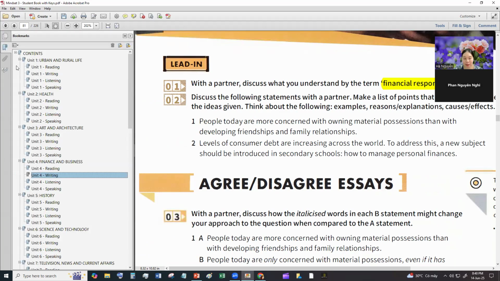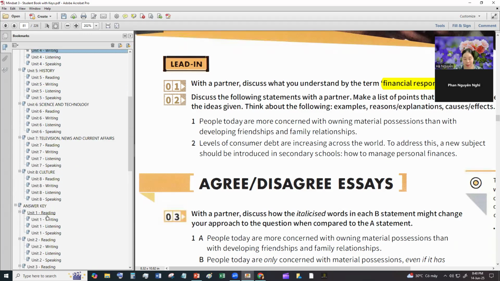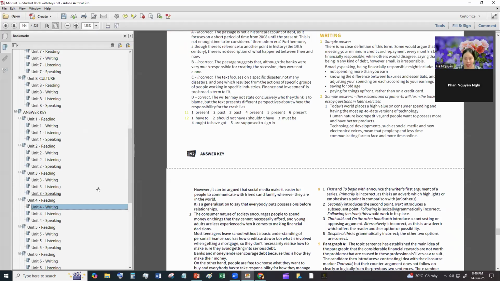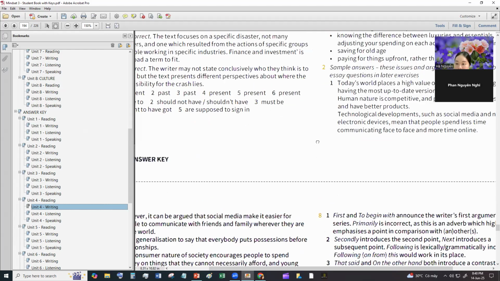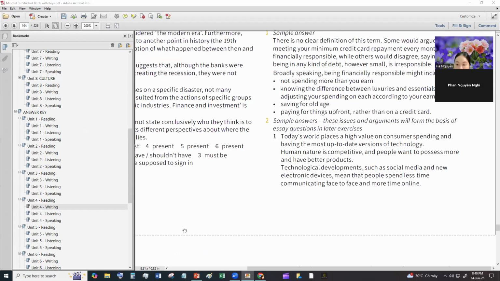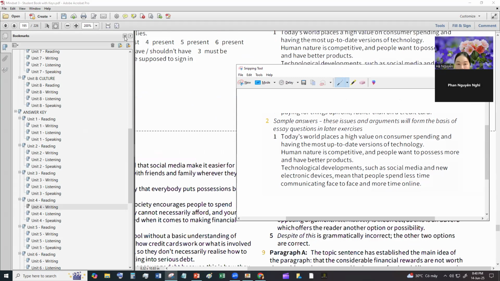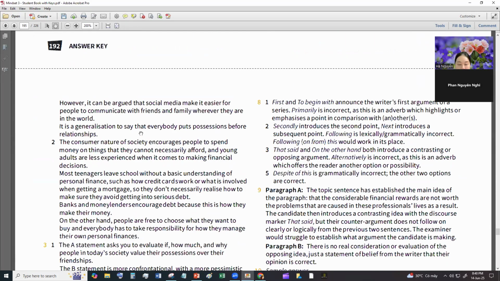Okay, so let's refer to the answer in the book and see if there are any new or interesting points. Okay, so let me see, I'll just copy this.